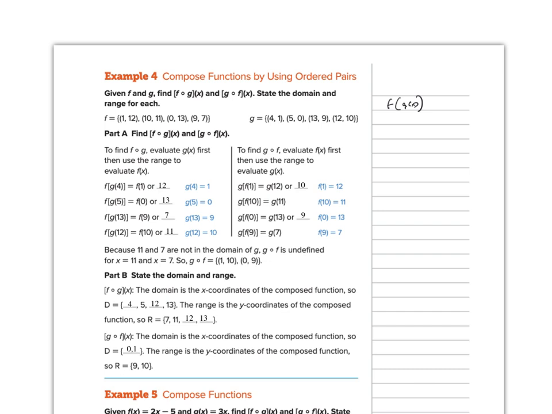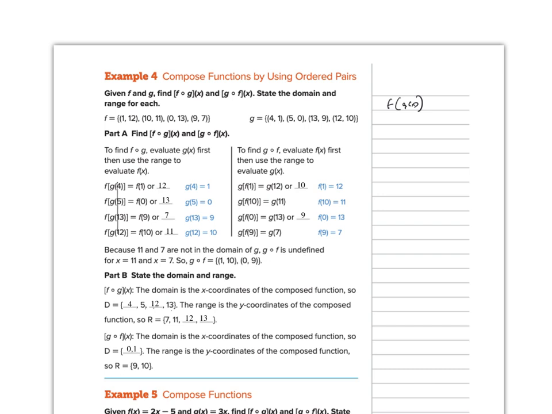And if I were to write it out, maybe if we have another equation in a second here, but stating the domain and the range, understanding what is the domain. The domain of the x coordinates of the composed function is 4, 5, 12, and 13, because those were the input values.